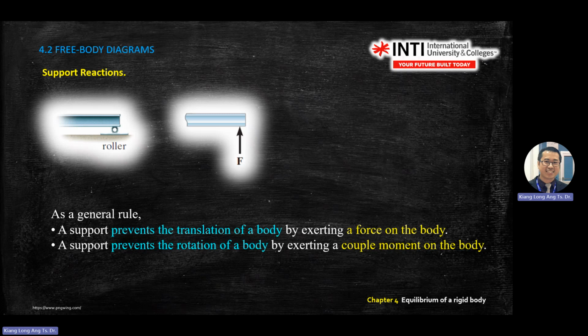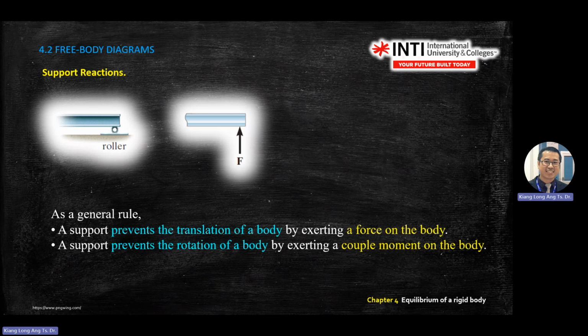For example, the first type of support, as you see on the screen, is the roller. With a roller, you can push the object. What is the object's motion if you push? It can move like that.